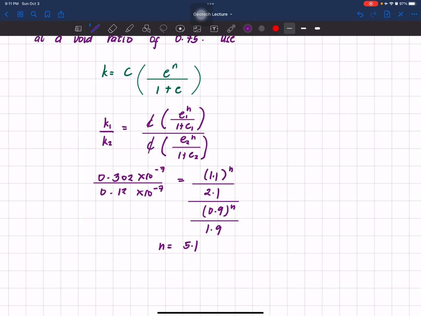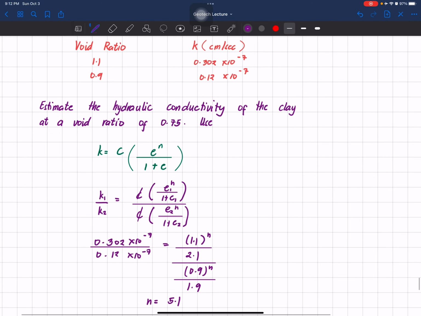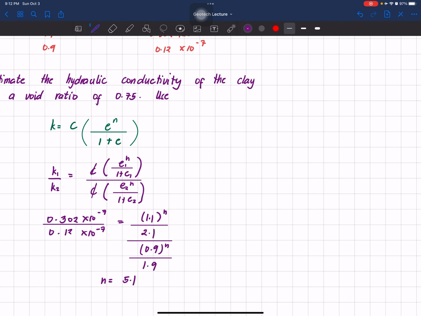Next thing that we're going to determine naman na is yung value of the C. Okay, so what will be the value of the C? Since meron tayong N, pwede tayong gumamit ng kahit ano din sa dalawa, dito, para makuha natin yung value of C. Okay, so we can say K1 is equal to C multiplied by E1 raised to N all over 1 plus E1.